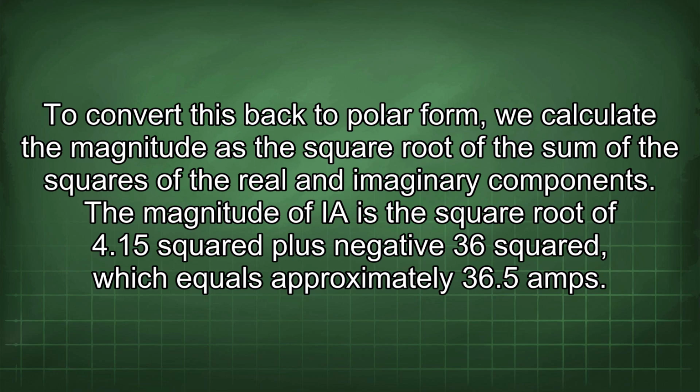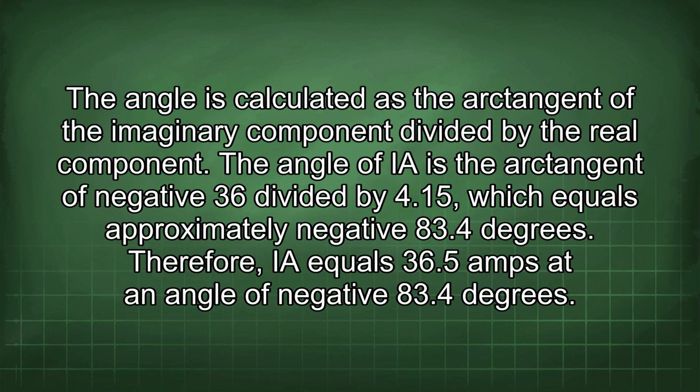To convert this back to polar form, we calculate the magnitude as the square root of the sum of the squares of the real and imaginary components. The magnitude of IA is the square root of 4.15 squared plus negative 36 squared, which equals approximately 36.5 amps. The angle is calculated as the arctangent of the imaginary component divided by the real component.